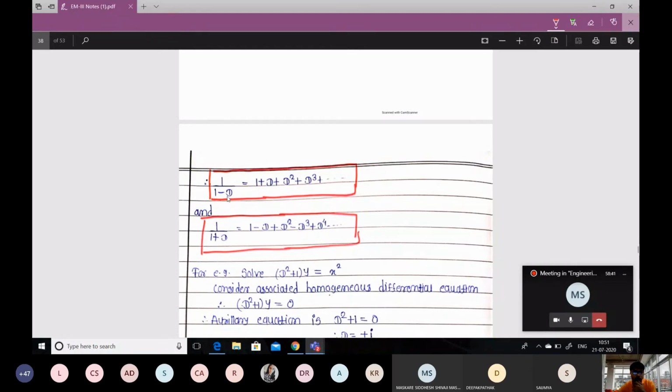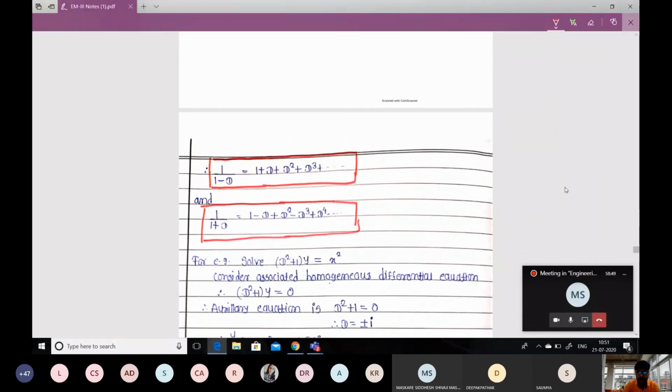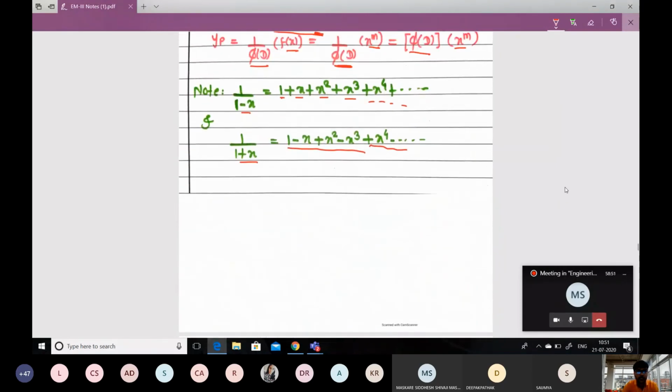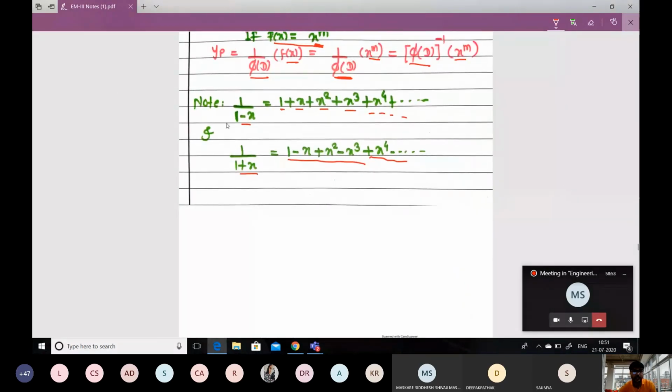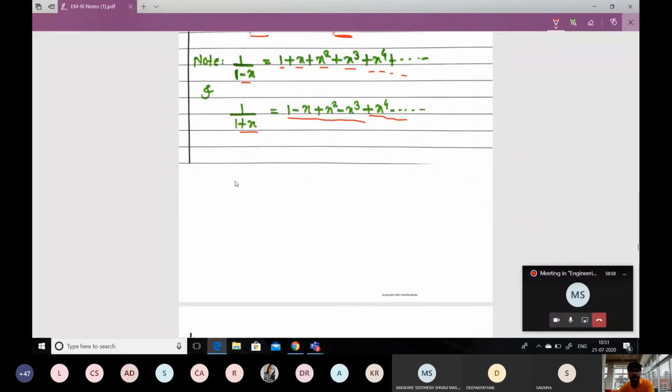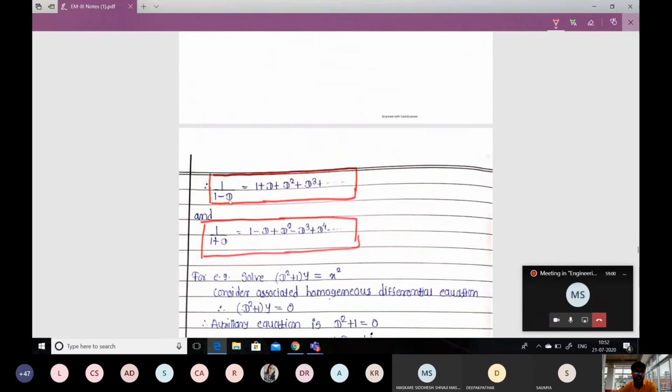Anyway, 1 upon 1 minus D is equal to just replacing the x term by D. Instead of x, you have to put D. So we get 1 upon 1 minus D written as 1 plus D plus D square plus D cube and so on.